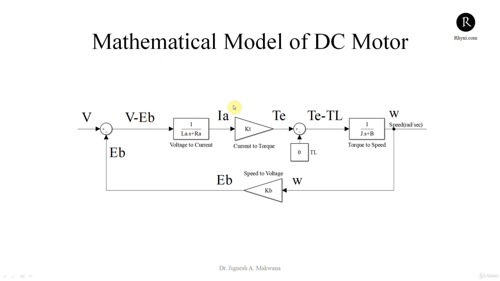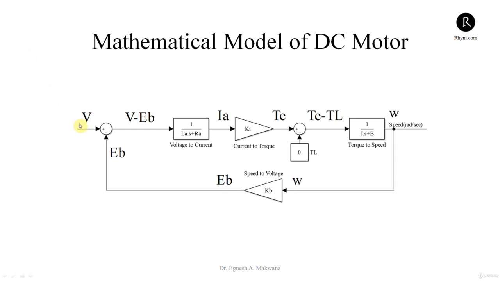This is a differential equation, this is a linear equation, this is again a differential equation, and this is a linear equation, and these are summing points. So this way, differential equations and linear equations represent the DC motor. This is called the mathematical modeling of the DC motor. We can now develop this motor in the Simulink model of MATLAB, and we will examine different things in the MATLAB Simulink model of the DC motor.